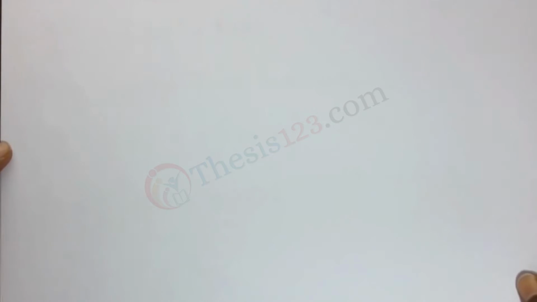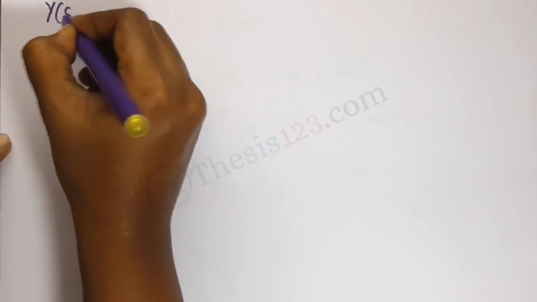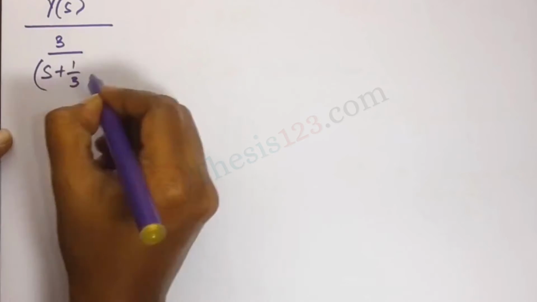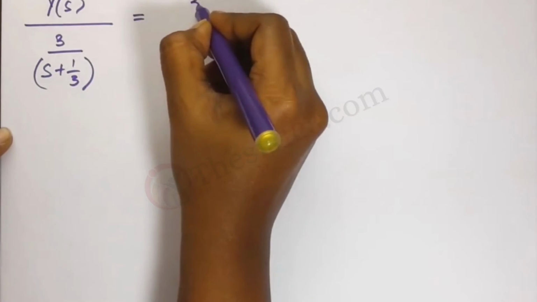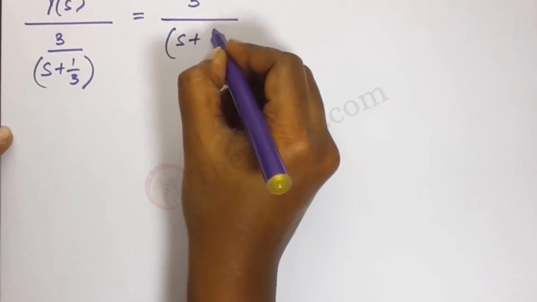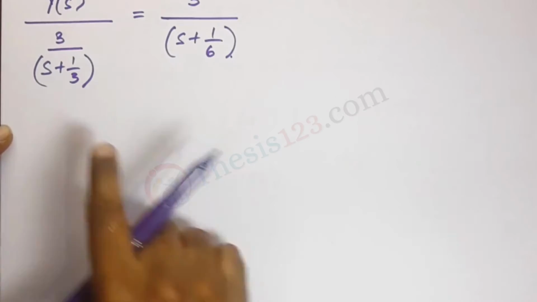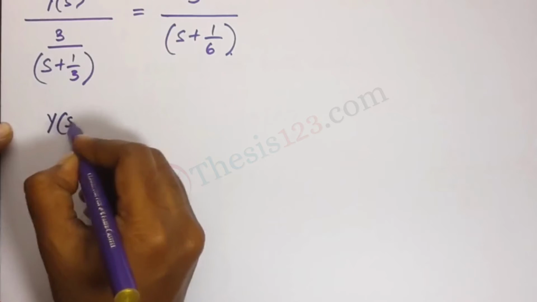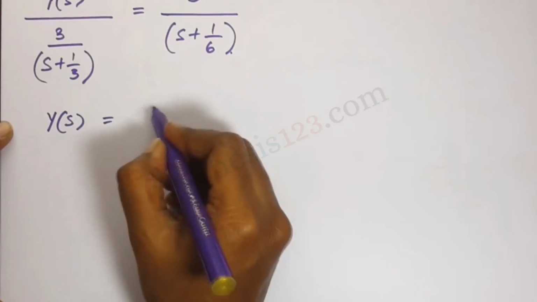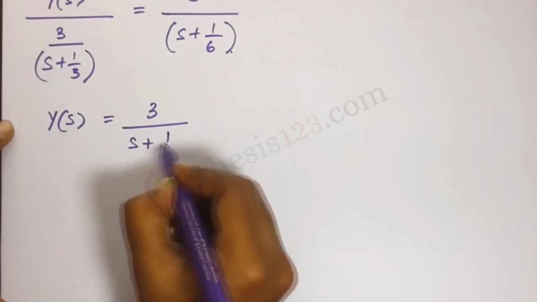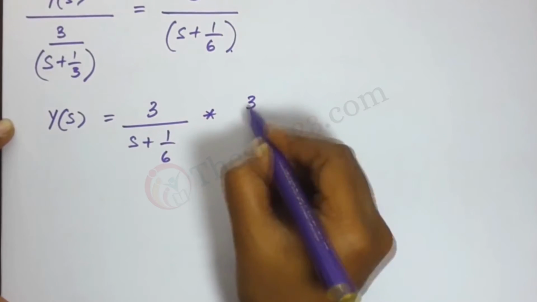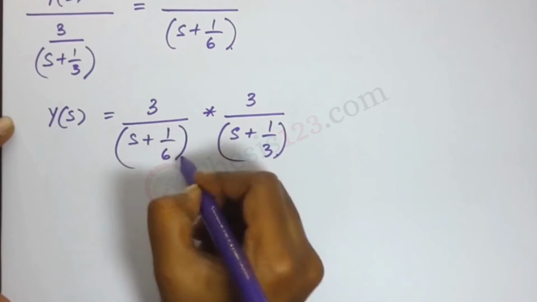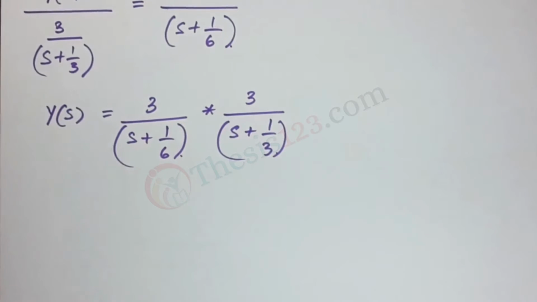Alright, so we have Y of s divided by 3/(s plus 1/3) equal to 3/(s plus 1/6). We take this term to the other side, and we get the expression for Y of s: 3/(s plus 1/6) times 3/(s plus 1/3). Okay, so this is what we have now.